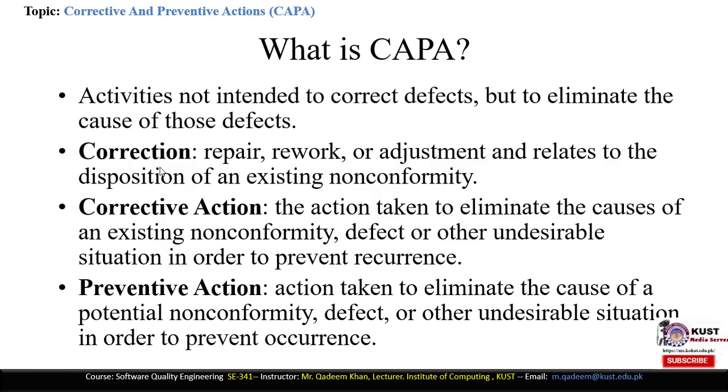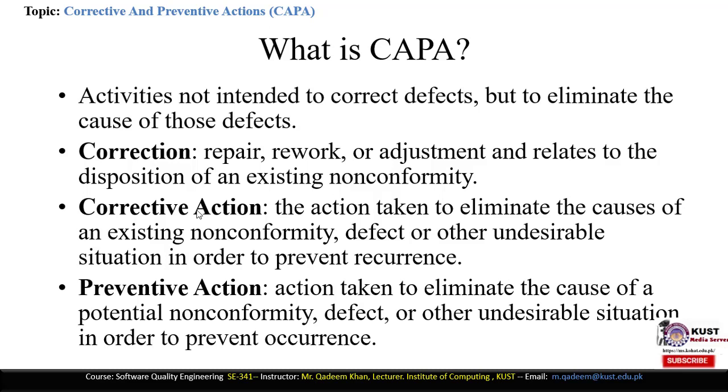Now there are two terms used in the CAPA. First one is called corrective action, second one is called the preventive action. In the corrective actions, the action is taken to eliminate the causes of the existing non-conformity, defects or other undesirable situation in order to prevent the recurrence. So here we will take certain steps that will correct the defects or undesirable situation in the software systems.